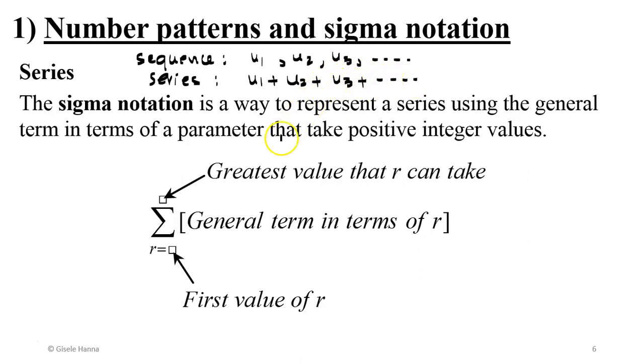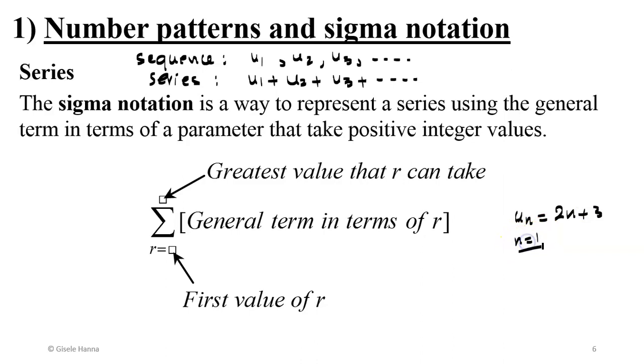And in fact, sequences are represented by general terms, in case there is a certain pattern that relates the different terms of the sequence. For example, here we could have a sequence represented by the general term un equal to 2n plus 3.